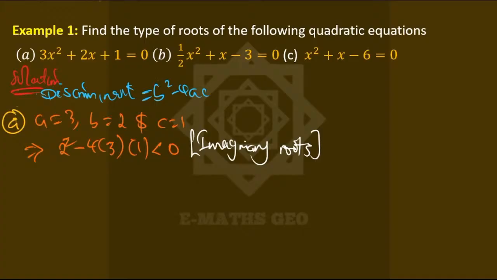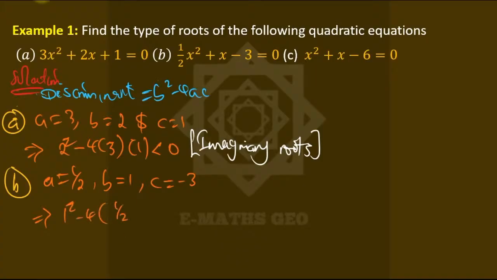So the second one: A is half, B is 1 and C is minus 3. So let's check. If you now do b squared, which is 1 squared, minus 4 times half times minus 3.